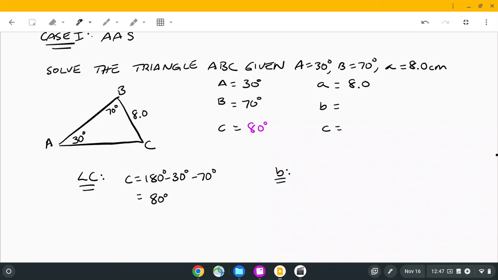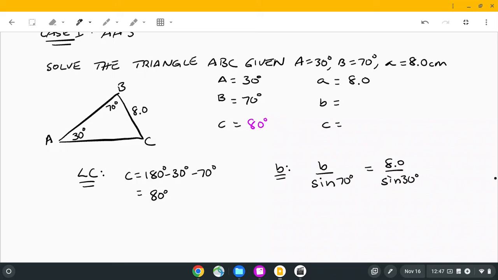Since I'm solving for lowercase b, I'll use the form that has the lowercases on the top. It doesn't matter, it's just a preference. Okay, sine little b over sine 70 equals 8.0 over sine 30.